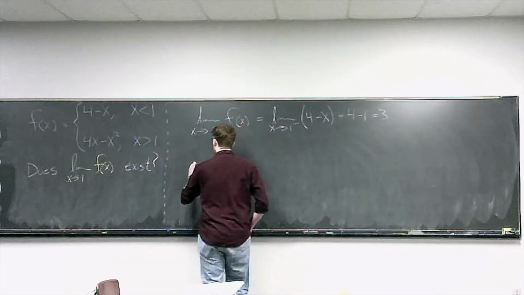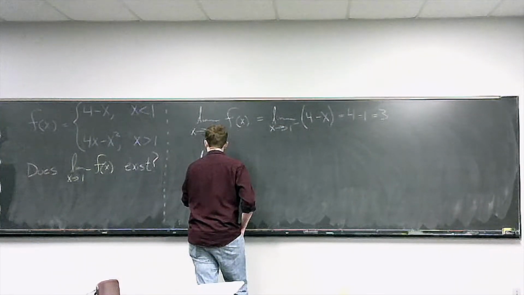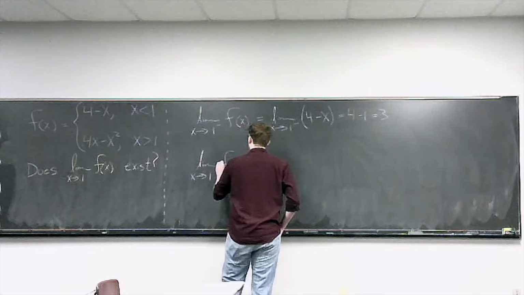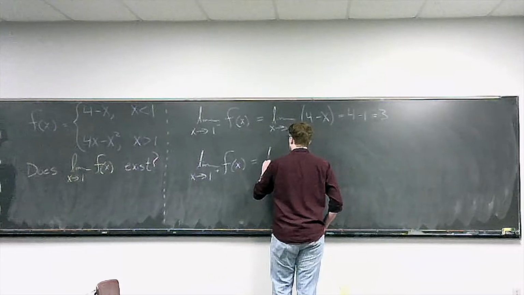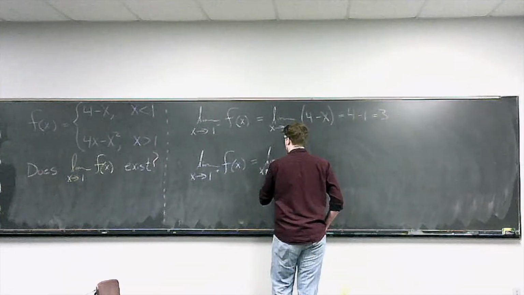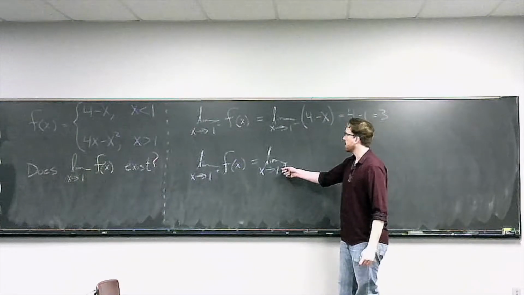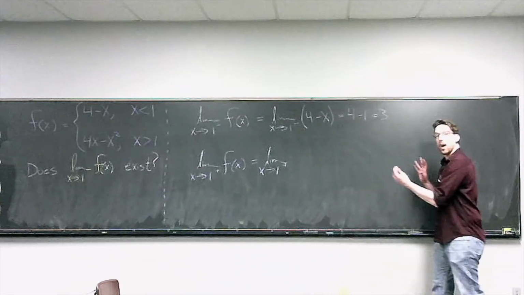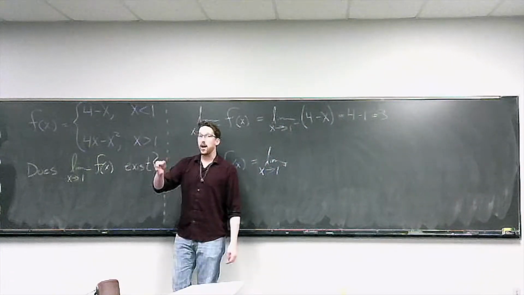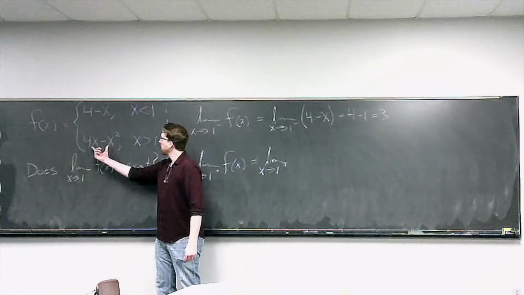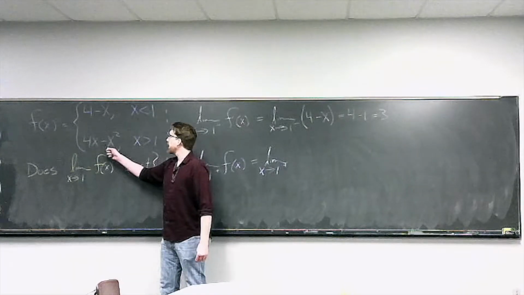Doing the same thing, but from the right, we're going to have the limit as x approaches 1 from the right of our function. Well, now in this case, since we're looking at all of the values to the right of 1, our function for all of those values is equal to 4x minus x squared.